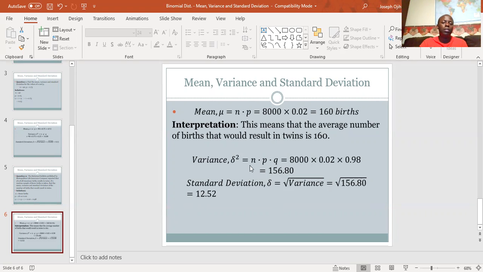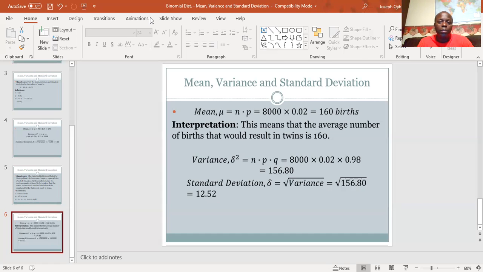Now variance will be n times p times q, which means 8,000 times 0.02 times 0.98, which will give us 156.80. And then the standard deviation is the square root of the variance, which means the square root of 156.80.